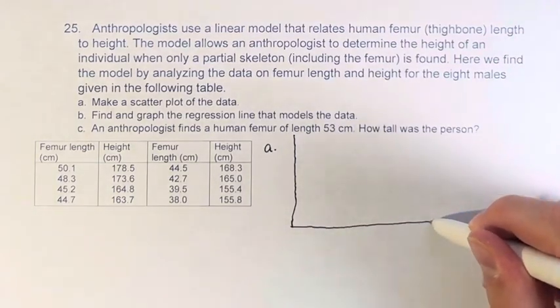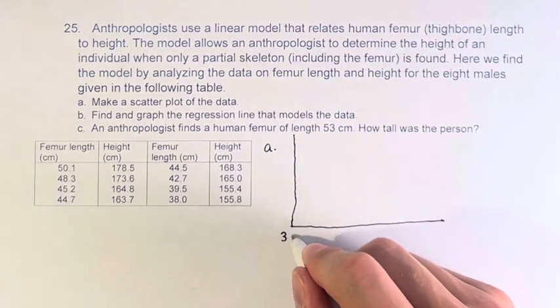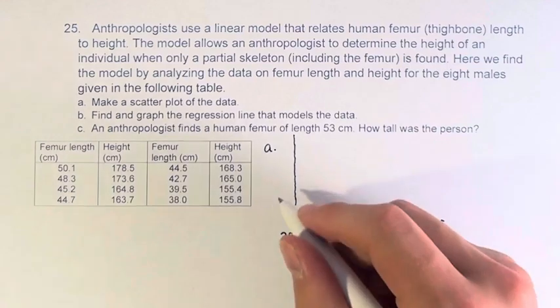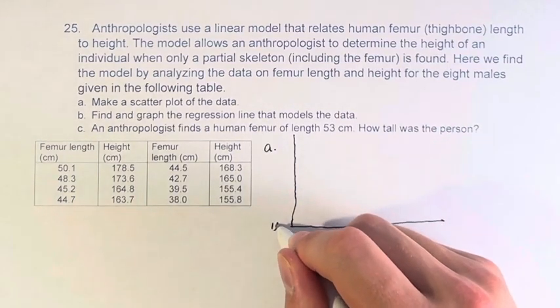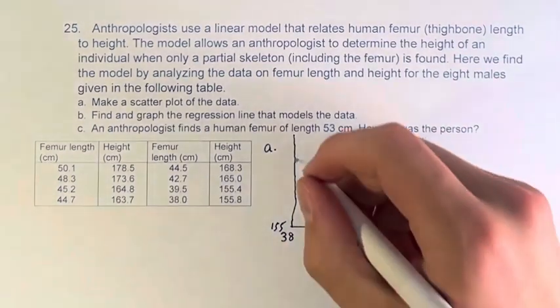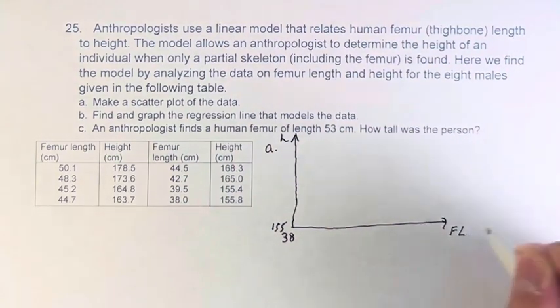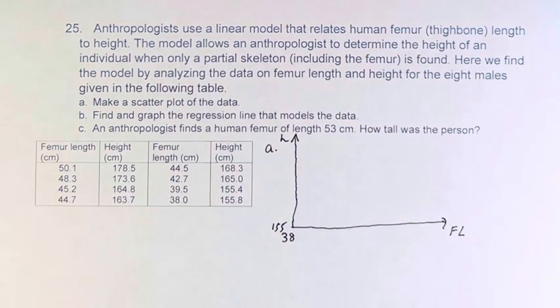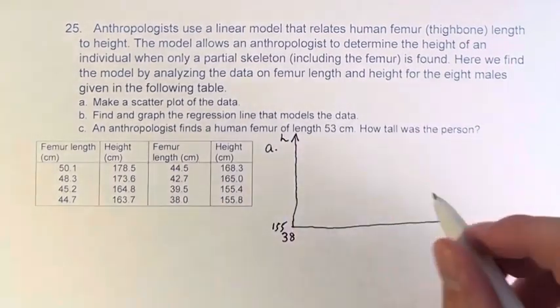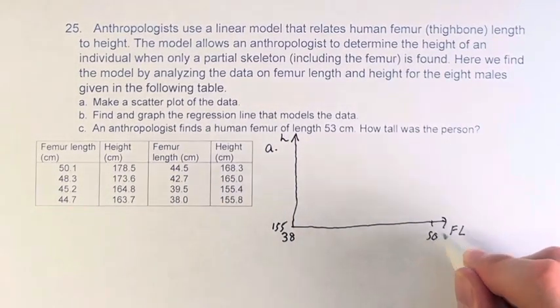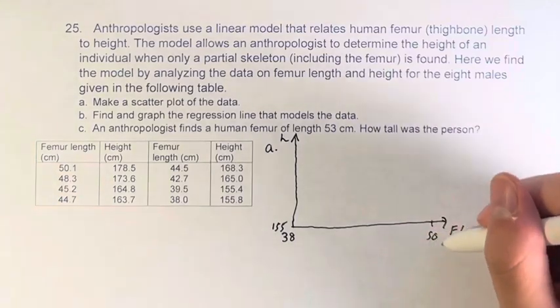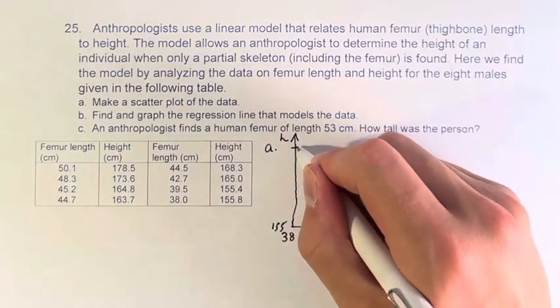So on the X-axis, we're going to start at 38, and on the Y-axis, we're going to start from 155. This is height, this is femur length. We're going to go up to the maximum length, 50, and for the maximum height, we can go up to 180.